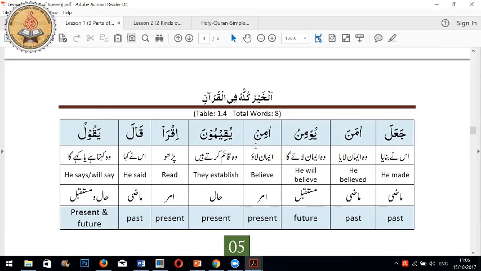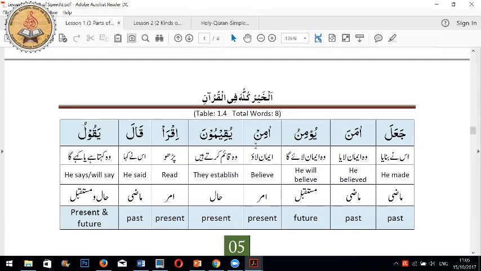So ja'ala, this is the first word. Now we are going to analyze this word from different angles, because as we are going further in our course, the responsibility of understanding, repeating, and revising the lessons is very, very important.